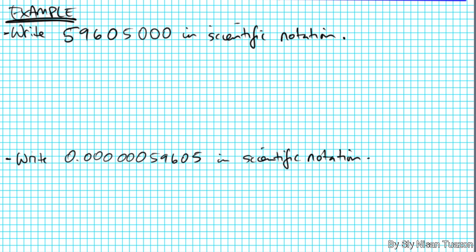I need to use 5. And what I meant by the non-placeholder digits is, now that I've decided that the number between 1 and 10 is going to be 5, I need to represent the remaining digits that aren't just taking a place with decimals. So it's going to be 5.9605.